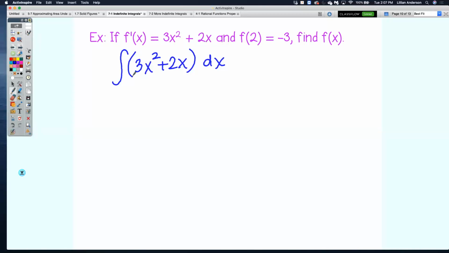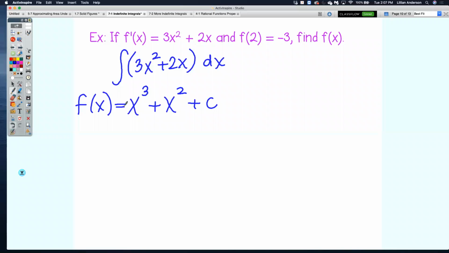What is the antiderivative of 3x squared plus 2x? x cubed plus x squared plus c. Very good. This is a general equation for f of x when you have that plus c involved.